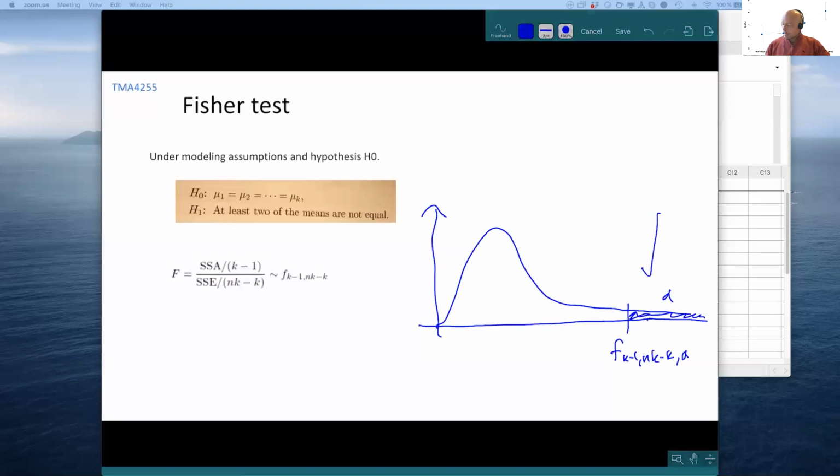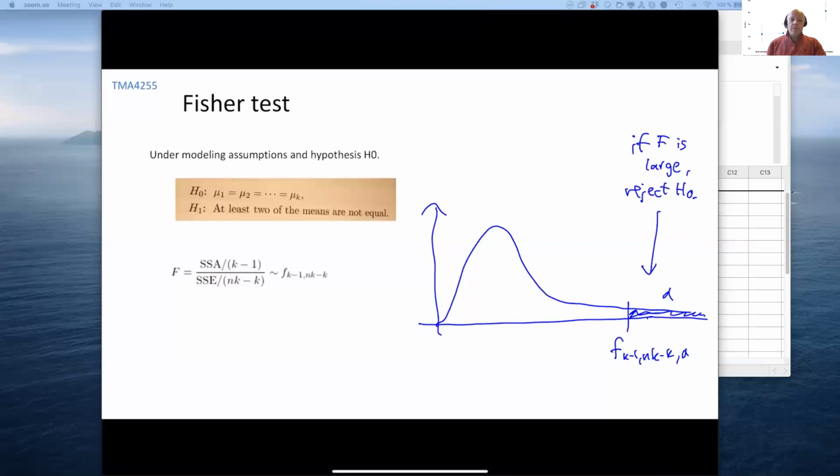And if this F statistic is large and ends up here, we reject the hypothesis H0, because such a large F would indicate that there's a significant difference between the groups, and then we cannot stick with H0. The difference between the groups is substantially large compared with the variability within the groups.